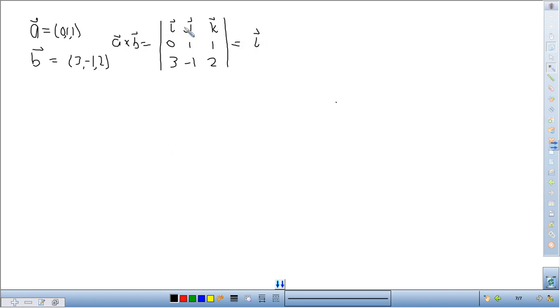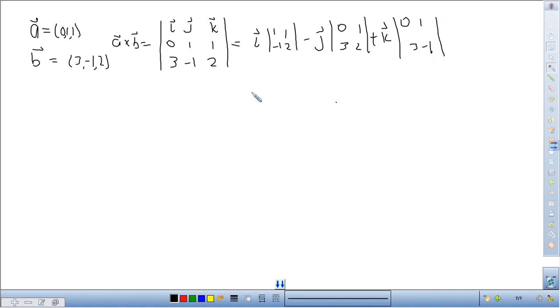So, taking the determinant of this matrix, we get... I'm going to go across the top row here. I'm going to have i times the determinant of the minor 1, 1, negative 1, 2, minus j, let's not forget the minus, that's important, times the minor determinant 0, 1, 3, 2, and lastly plus the vector k times the minor 0, 1, 3, negative 1.